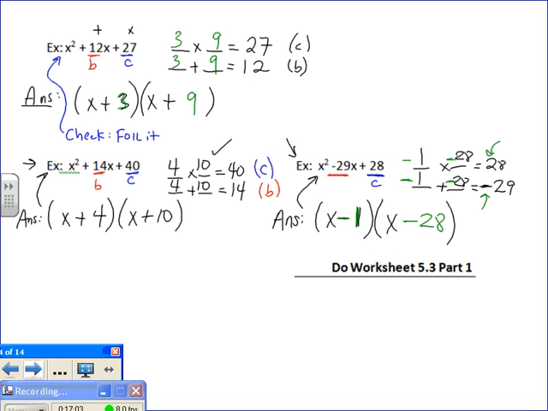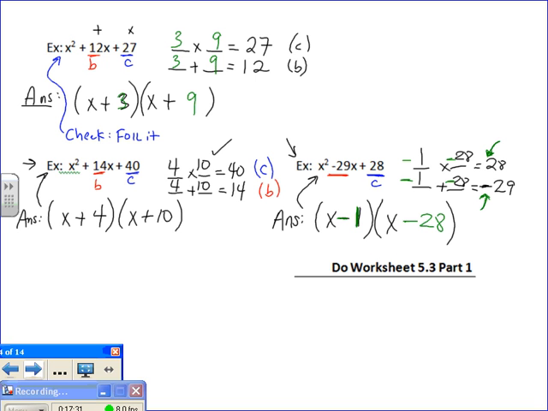Okay, perfect. There are some shortcuts that you can use when you're doing these, but I'm going to suggest you go ahead and pay attention to the signs. If they're both positive, then you know both your terms are going to be positive. But if one of them or both of them are negative, you do need to think a little bit about what the possible signs could be for your two terms that are going to give you that product and that sum.